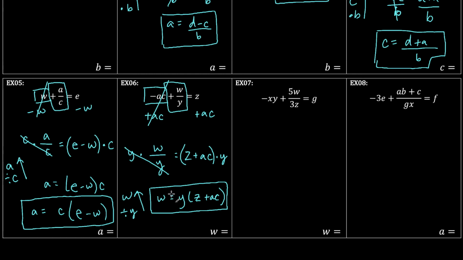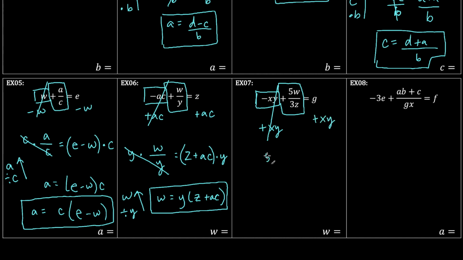Okay, example number 7. I'm looking for w, so let's box our terms, and get rid of the term that doesn't include the w. So plus xy.